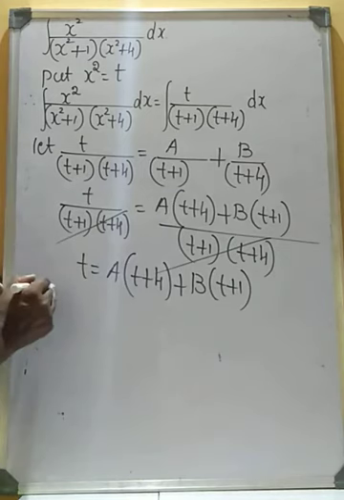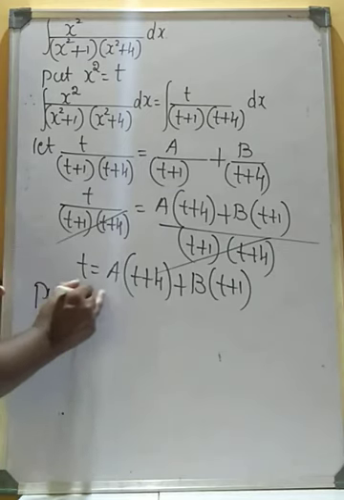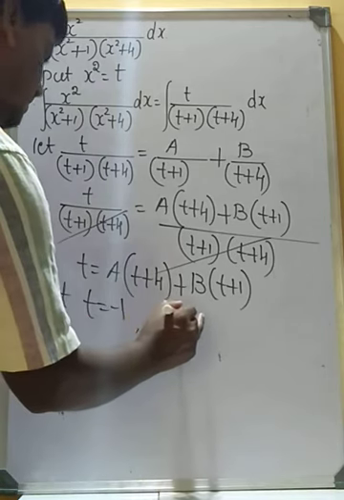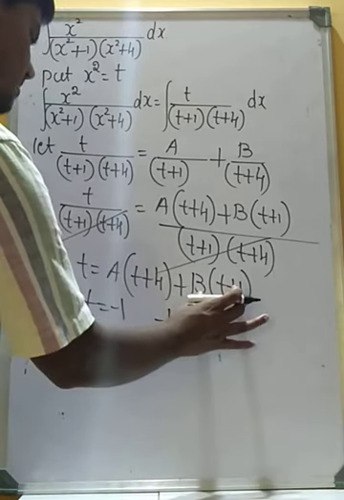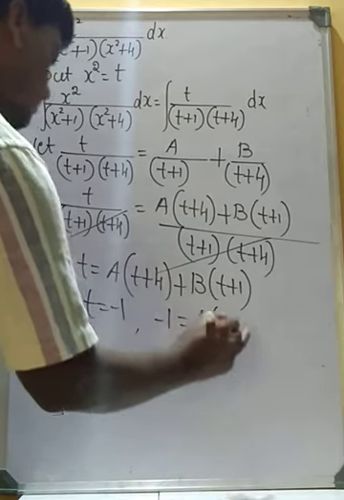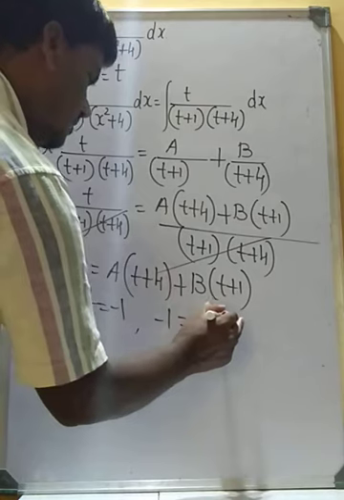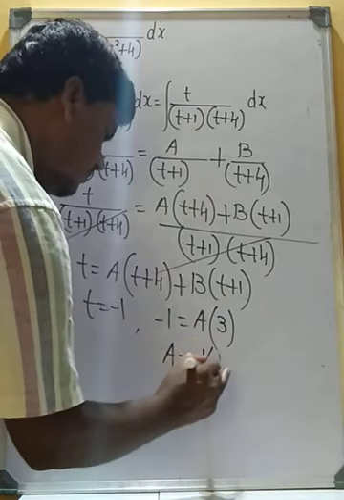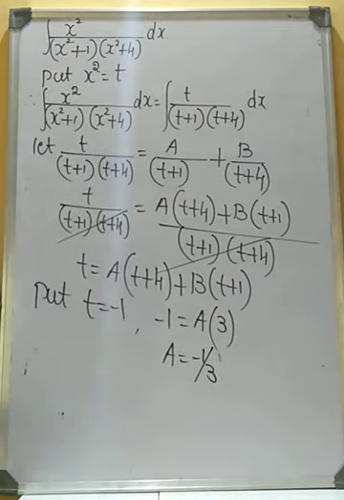So now put t equals minus 1. T is minus 1 equals second term 0, first term a into minus 1 plus 4 is plus 3. Therefore, a equals minus 1 by 3.